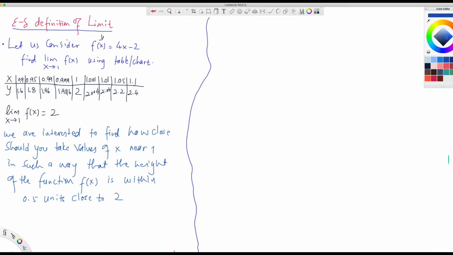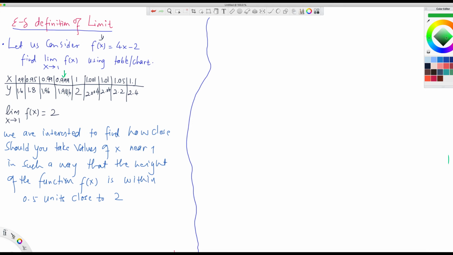Look at this one. You see that you are 0.001 unit close from 1, right? If your x value is 0.001 unit close to 1, then how close is your y value to 2?